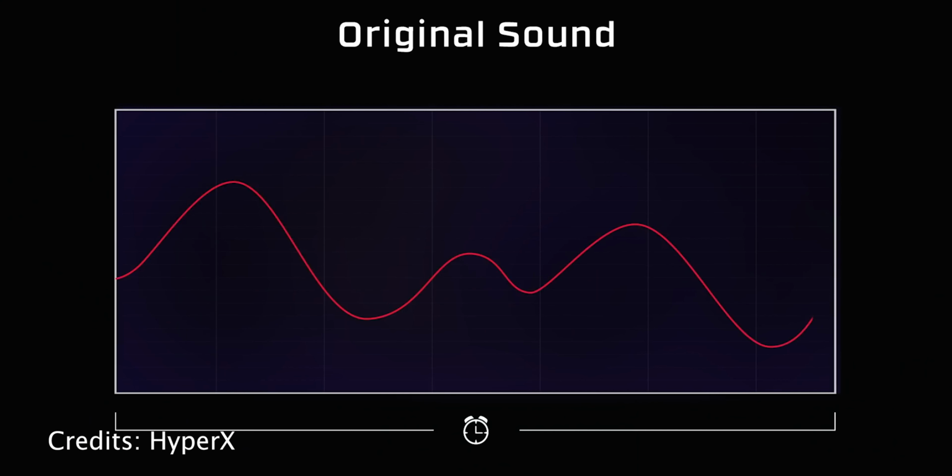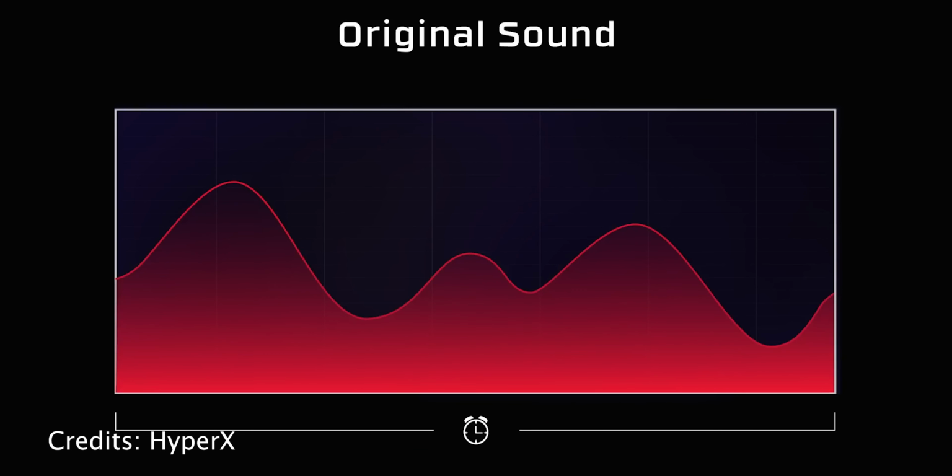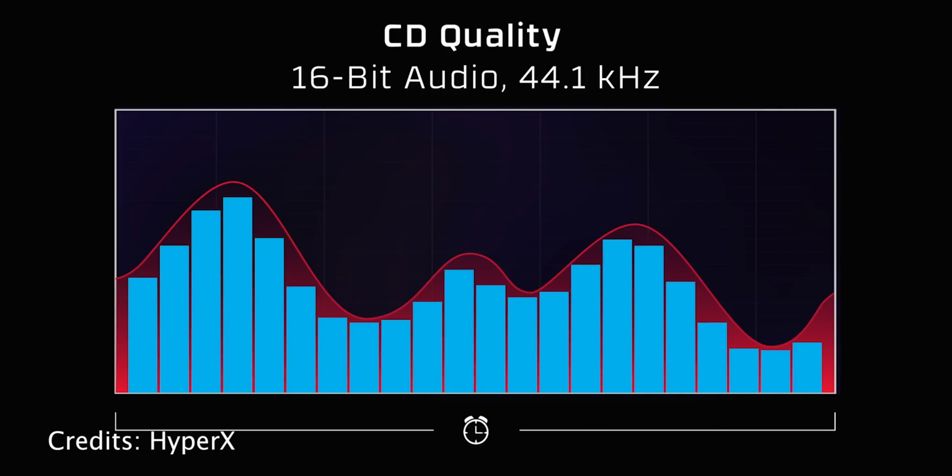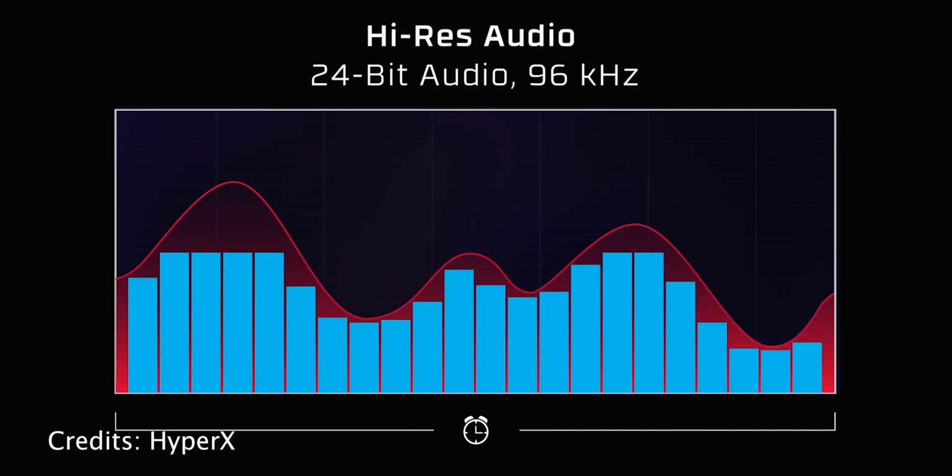Let's take a look at this waveform. Visually, this is how a sound would appear if we heard it raw, uncompressed, and unedited. Here's a representation of how that waveform would be reproduced for CDs, at a bit depth of 16 bits and a sample rate of 44.1 kHz. You can see some of the details in the curves get lost in the samples. This is a pretty good attempt, but let's see what that waveform looks like when we take it up to high res.